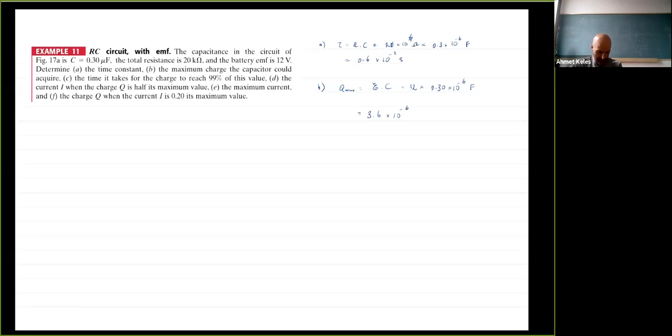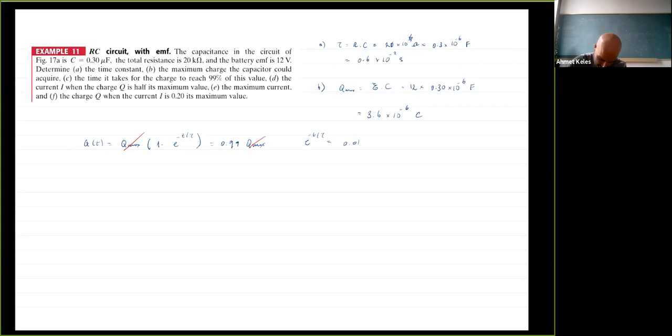And C, the time it takes for the charge to reach 99% of its value. Q of T is equal to Q max times 1 minus e to the minus t over tau, and this should be equal to 99% of its value, 0.99 times Q max. We can drop Q max and find e to the minus t over tau is equal to 1 minus 0.99, which is 0.01.